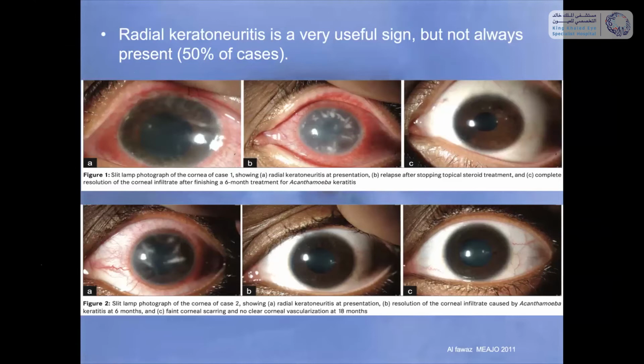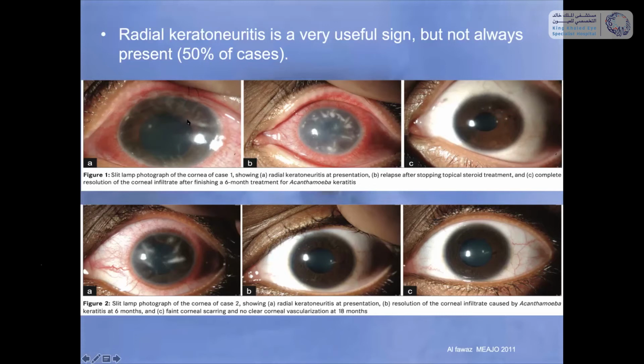A nice case report was done by Prof. Abdullah, who was demonstrating radial keratoneuritis, which is a very useful sign, but it's not always present. It's present in 50% of cases. As you can see here, the radial keratoneuritis.